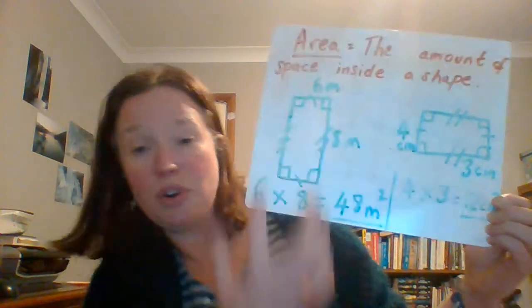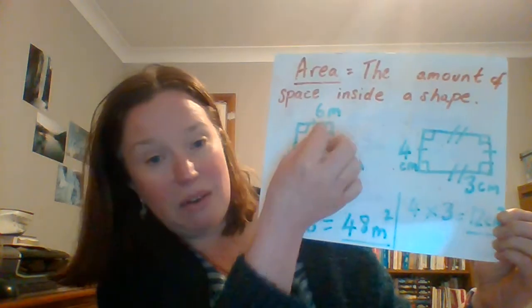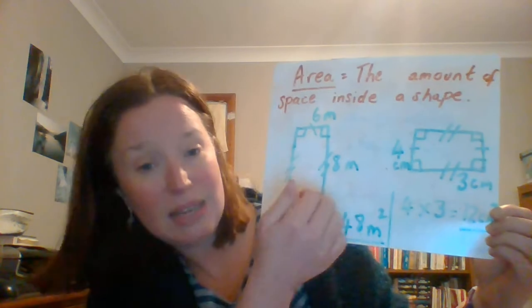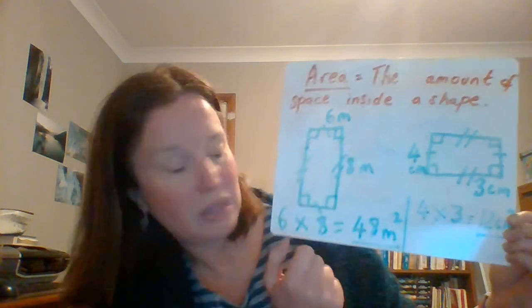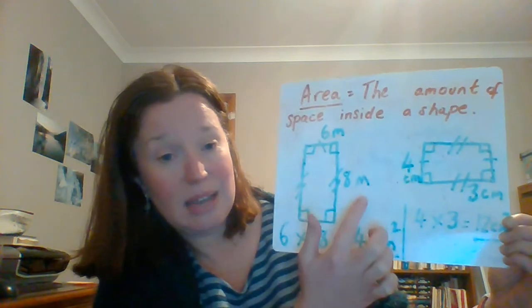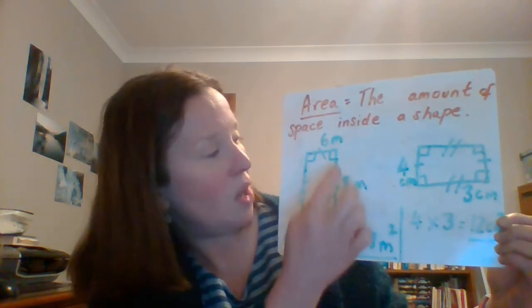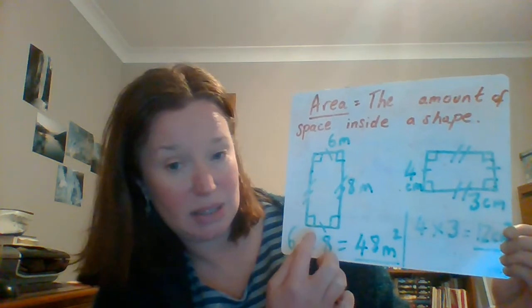Here we've got a rectangle. I know it's a rectangle because I've got 2 sets of parallel lines, which I've highlighted with my dashes at the sides, and I've also got 4 right angles. I've got 6 meters one side and 8 meters the other. Because it's a rectangle, I know that this side must be 8 and this side must be 6.